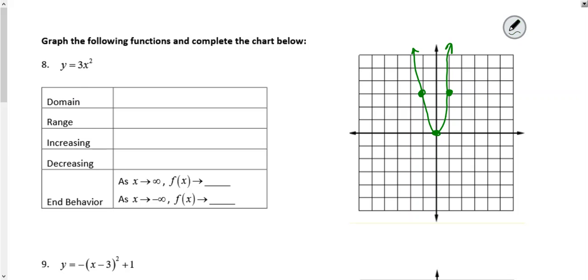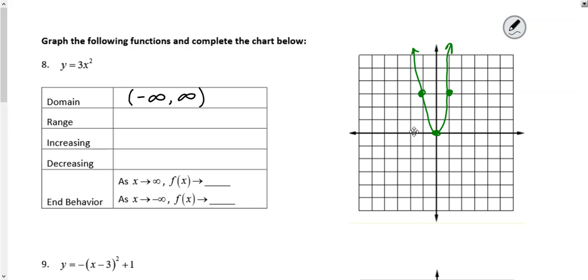Okay, because this is a line, everything's connected, domain left and right, this graph is going to keep going to the left and keep going to the right. So we would say the domain goes from -infinity to +infinity. Range is up and down.